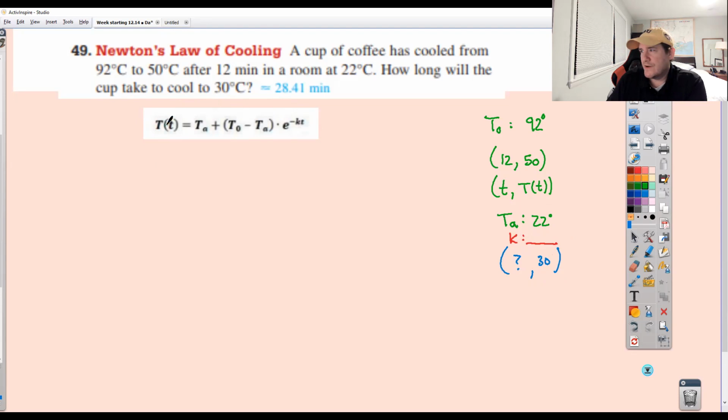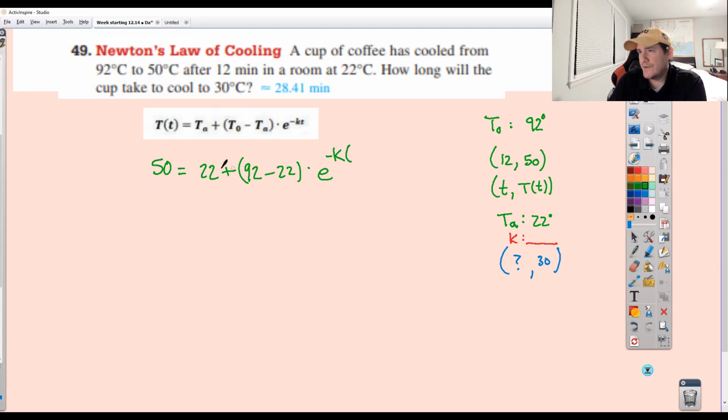So like I said, we know that the temperature will be 50 when 12 minutes have gone by. We know that the ambient temperature is 22. We know that the initial temperature is 92. We're wondering about K. It's the only variable that should be left when we're done.